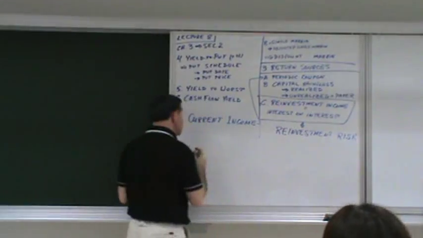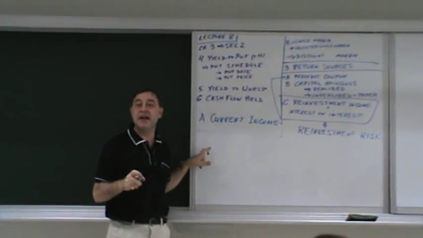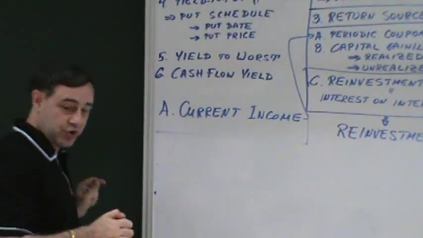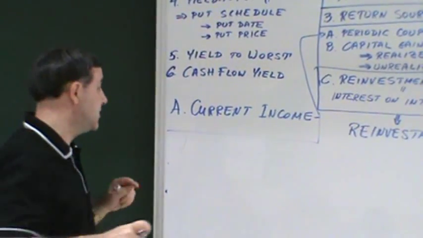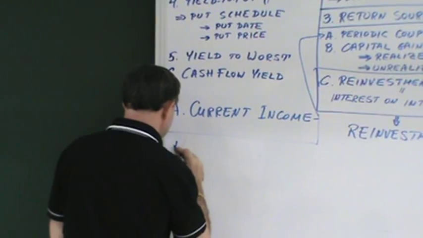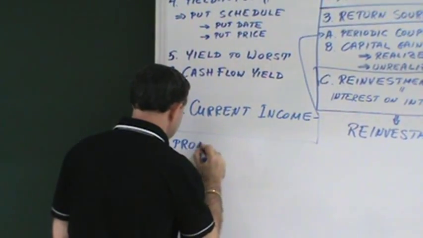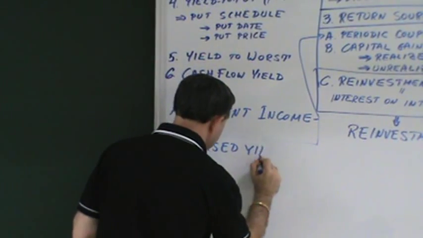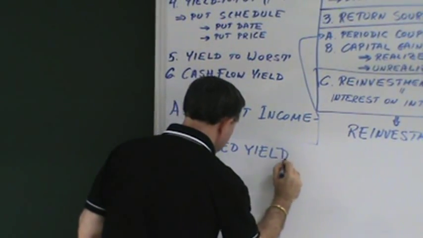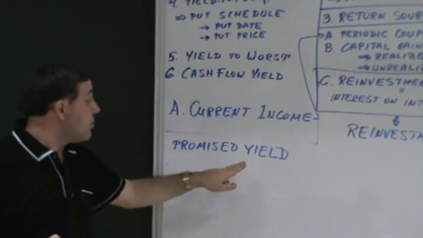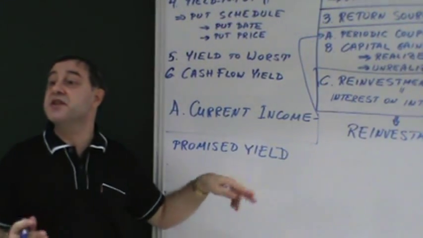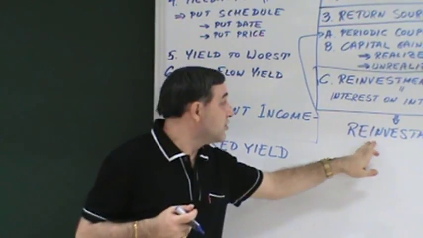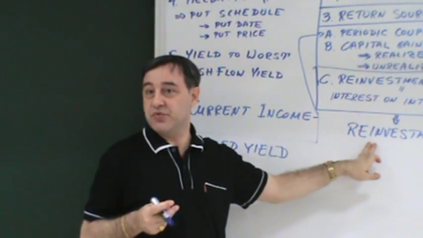Part of this is known as, and let's explain now, promised yield. So, promised yield is the yield of return if there is no reinvestment risk.